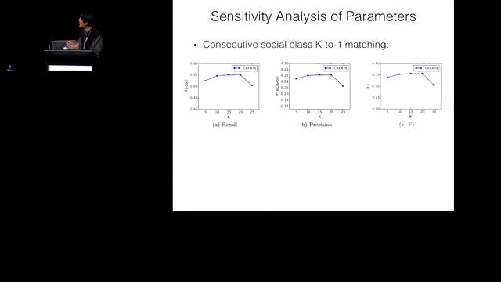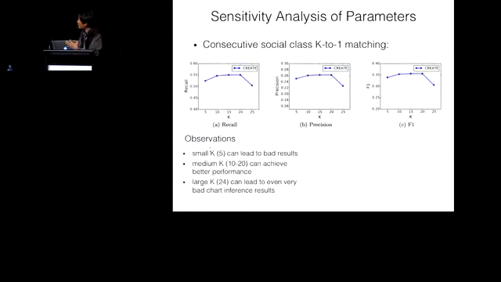Also, you can look at the sensitivity to the number K, which is the span of control. You can see that it's not very sensitive to that number. But again, if the span of control is too small or too large, that also will reduce the accuracy, because it doesn't reflect the real-world situation.